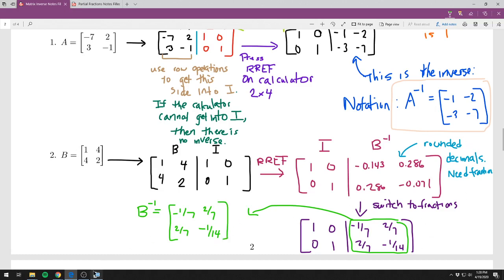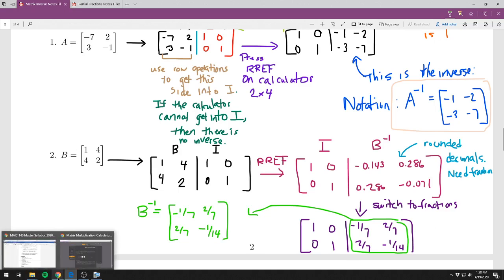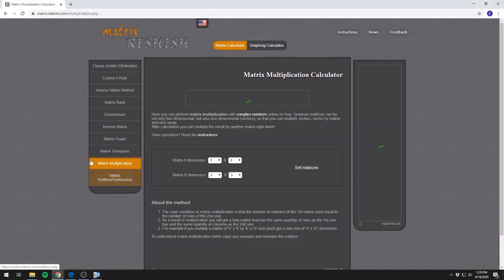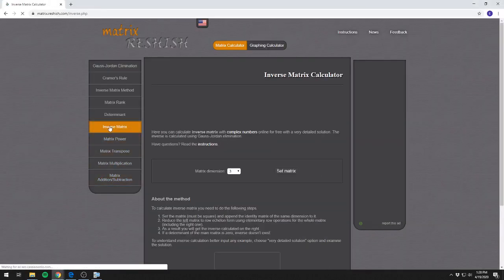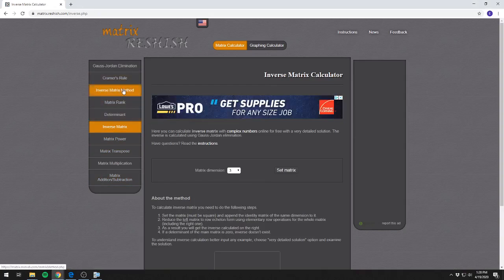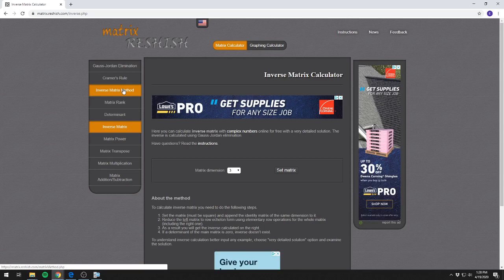Right. Now, if you use the online calculator that I've been doing all the matrix stuff with, if you hit the inverse matrix, this is something else. We won't really use this inverse matrix method button. I just realized that there's a Cramer's rule button on here, but you don't want to use that either for the other section. So inverse matrices only exist if you're talking about a square matrix.